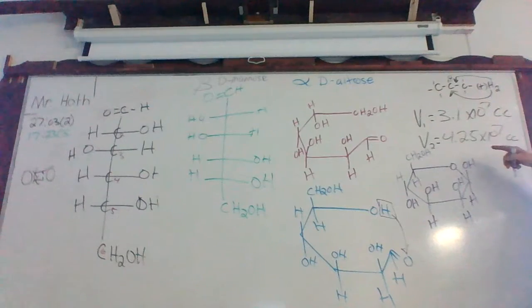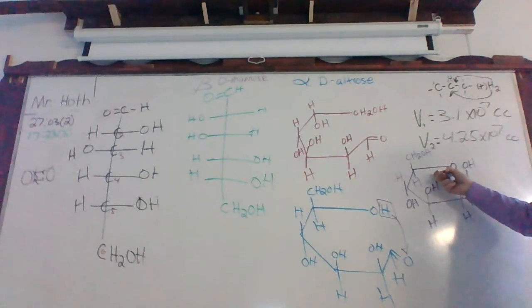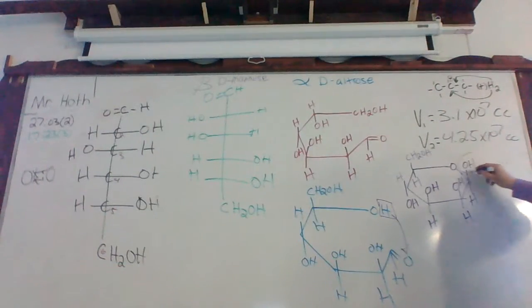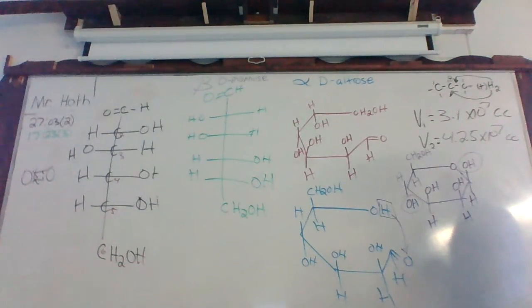Now, the reason that this is so important is because when we start linking these, I don't think quite this week, maybe next week, probably a little later, when these start linking together, that's when you start making your disaccharides. And it makes such a difference where this guy's pointing and that guy right there, 1 and 4.